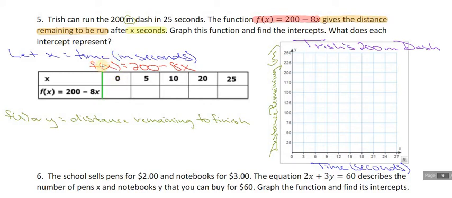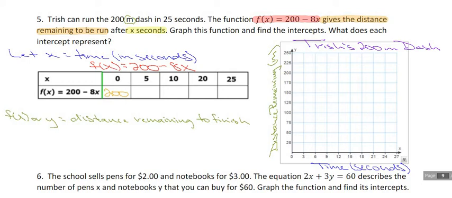Okay, so we can just ignore this f of x part. It just means y, and whatever we get after plugging in the 0 for x is the y value when x is 0. So when I plug in 0, 8 times 0 is 0, 200 minus 0 is 200. So we've got 200 when x is 0.